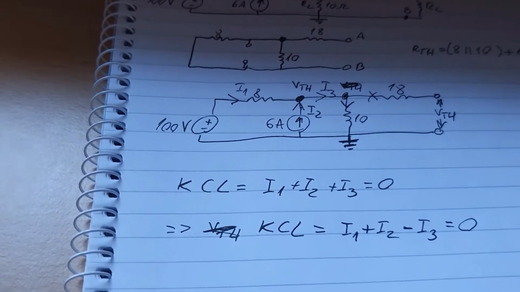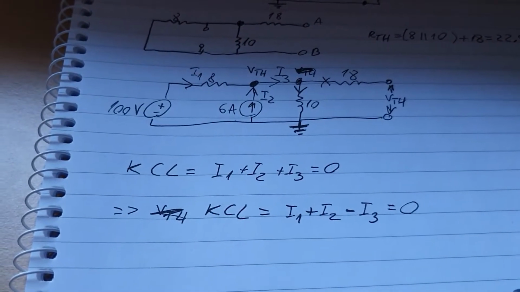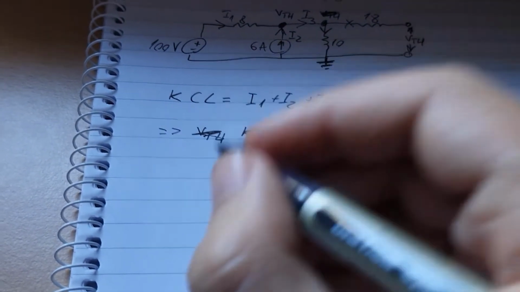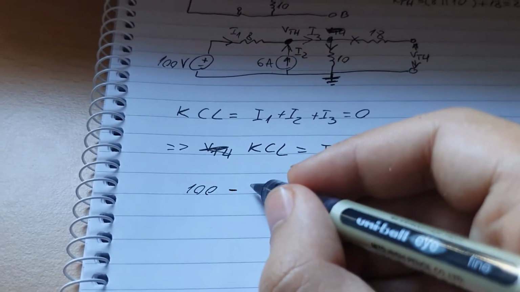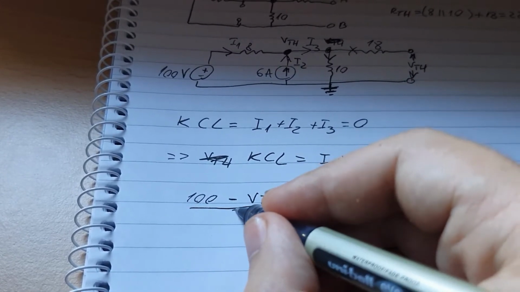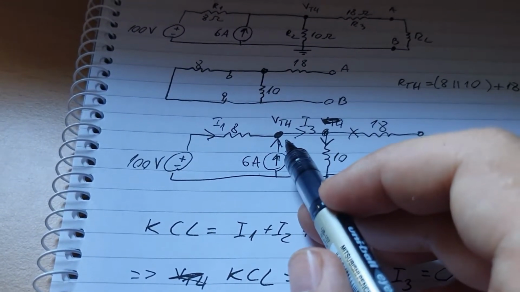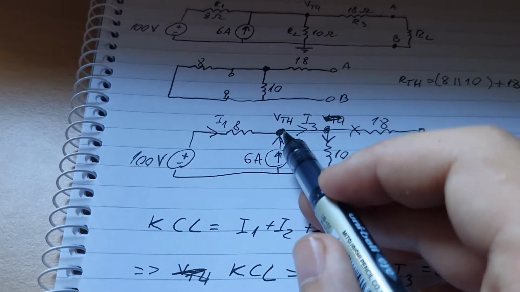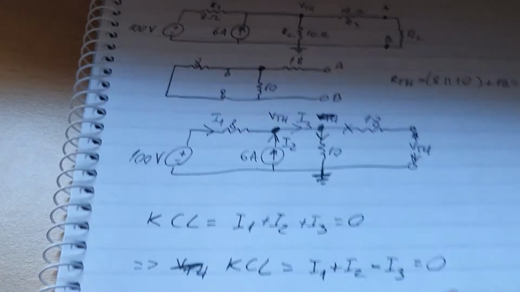Simple so far. Now we can apply node analysis again in here, which will be the voltage 100 minus VTH over 8. Basically, it's 100 minus VTH, the voltage at this node, divided by 8, because that will give us the current.